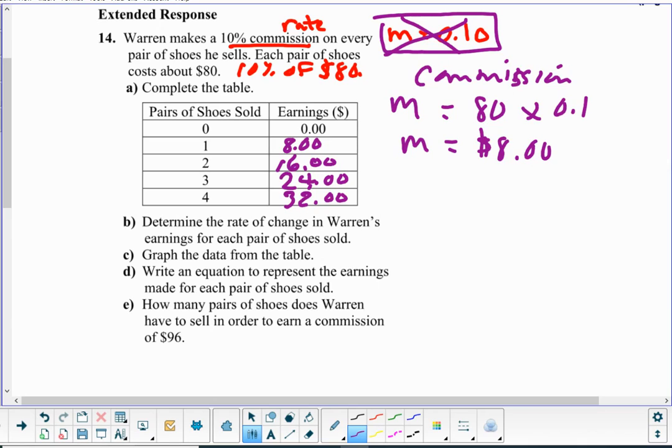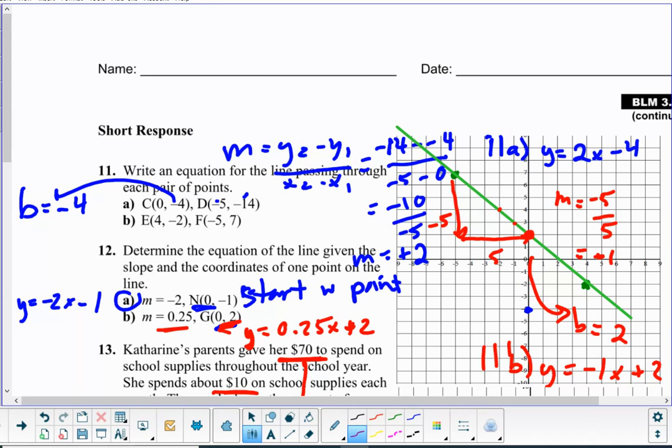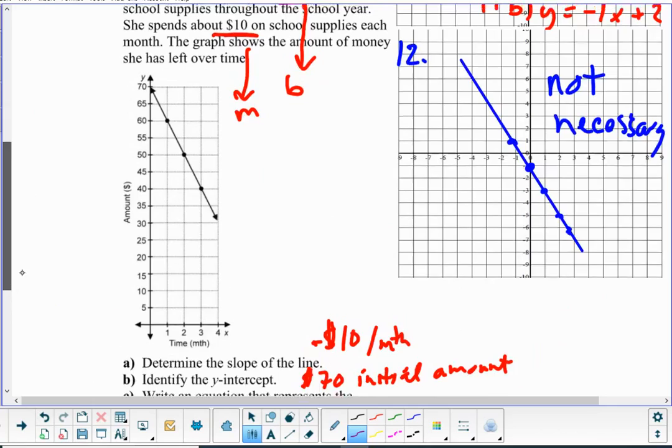All right. Determine the rate of change in Warren's earnings for each pair of shoes. So I think we did that here. Graph it and make a table. Okay, well, we're going to go back to our last page then. Grab this graph.